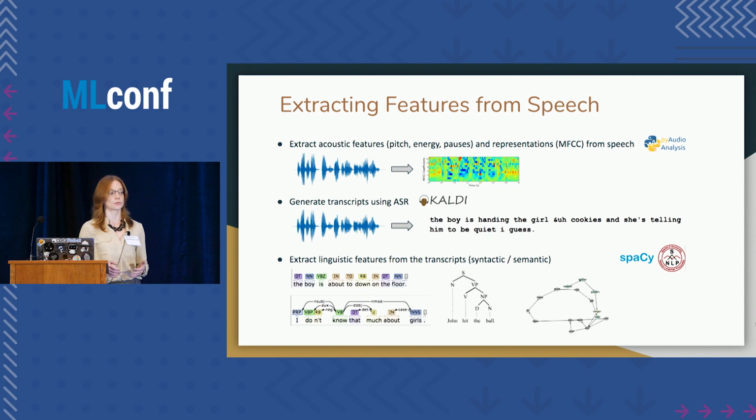The other group of features that we extract from speech are based not on the speech itself, not on the acoustics, but on the associated language. For that, we need the so-called automatic speech recognition system that, first of all, transcribes the speech into transcripts of language.